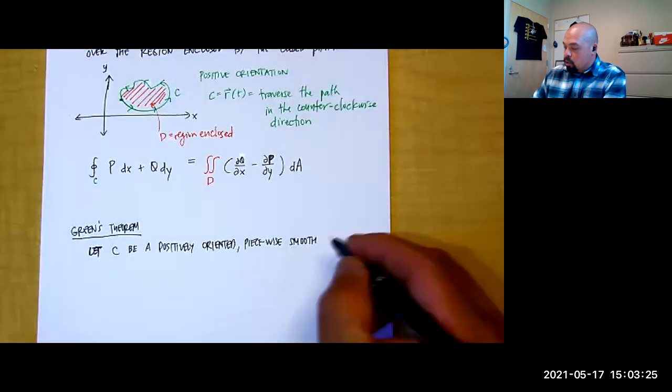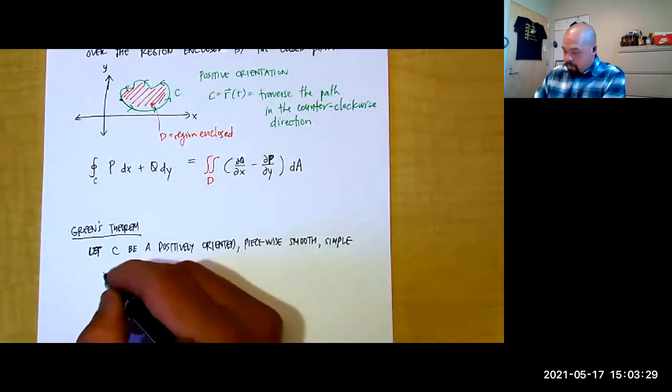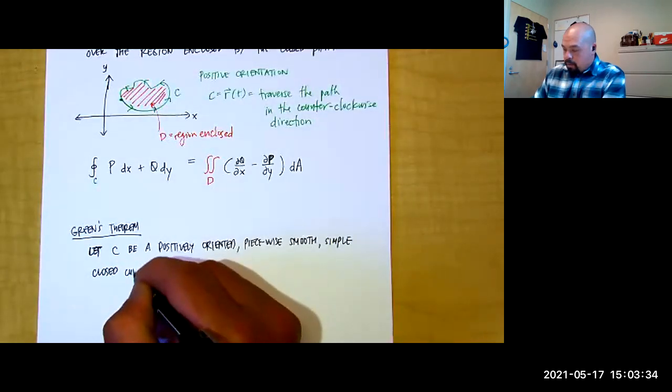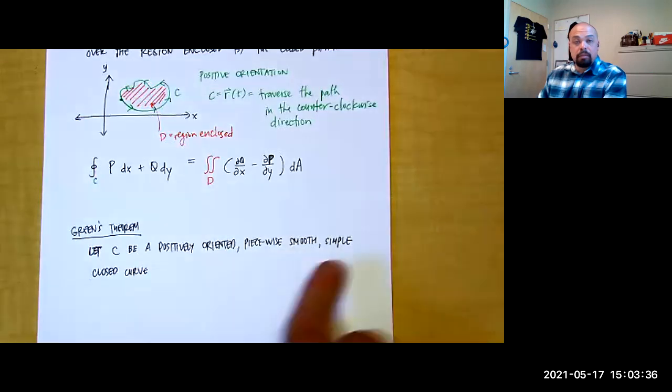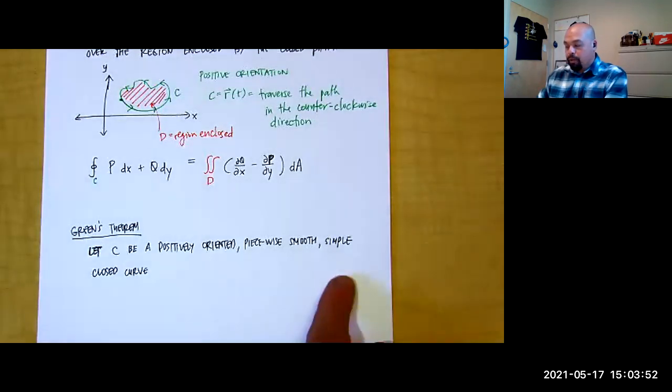We're expecting continuous first derivatives, simple, closed curve, simple. It doesn't loop upon itself. It doesn't make like a curlicue, right? It's not like a cardioid or one of our rose petaled curves in polar. Okay, it doesn't cross itself.